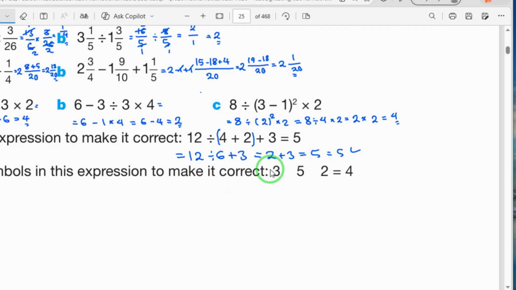Here I insert a bracket like this, and we write here positive. Here division 3 plus 5 become 8. 8 divided by 2 give us 4. 4 is equal to 4. This one solved.